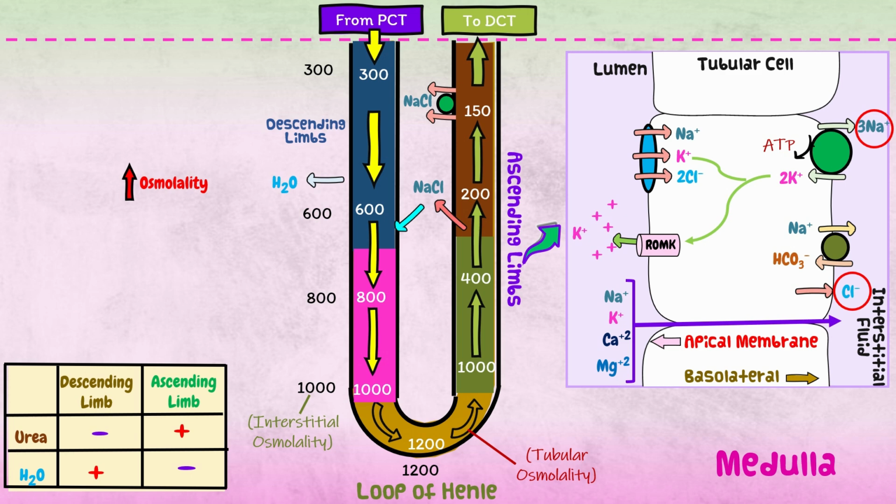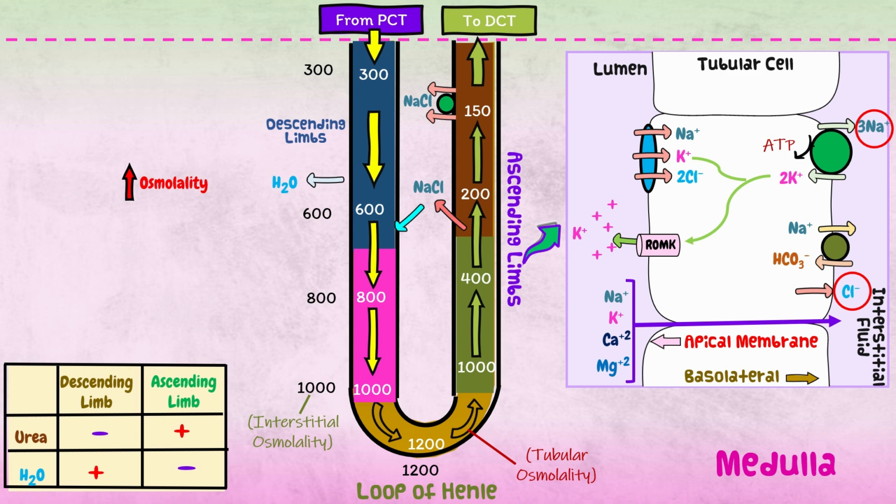The summary of the countercurrent multiplier is that the increased interstitial osmolality causes water to diffuse out of the descending limb, and some sodium and chloride to diffuse in, concentrating the tubular fluid.